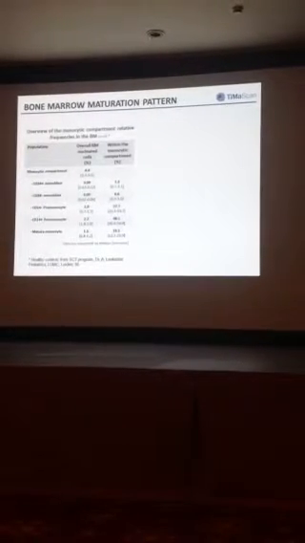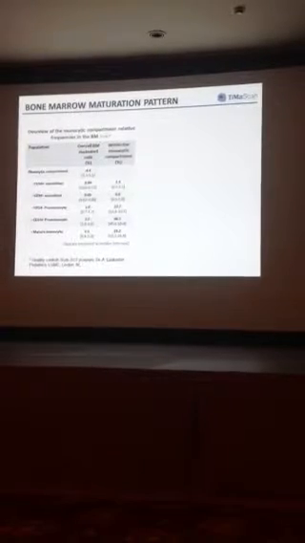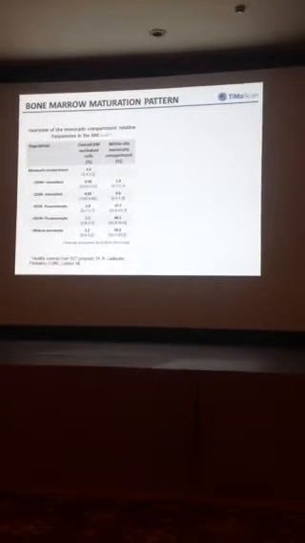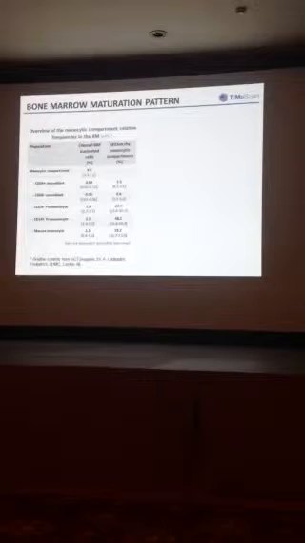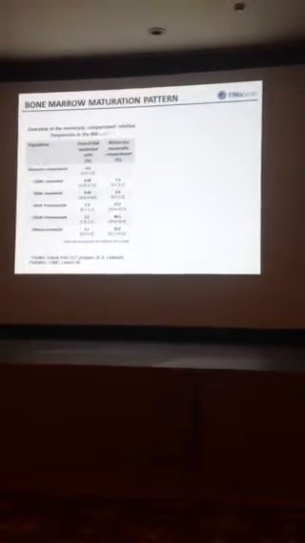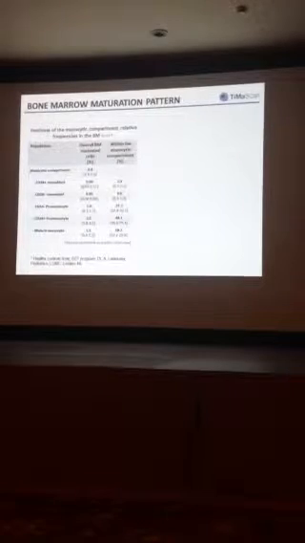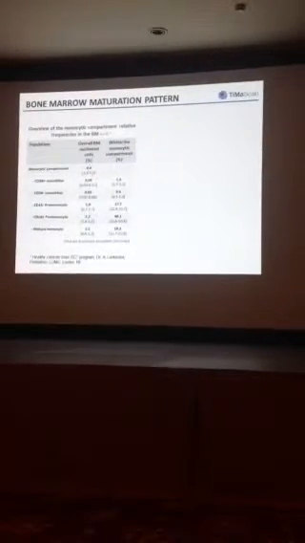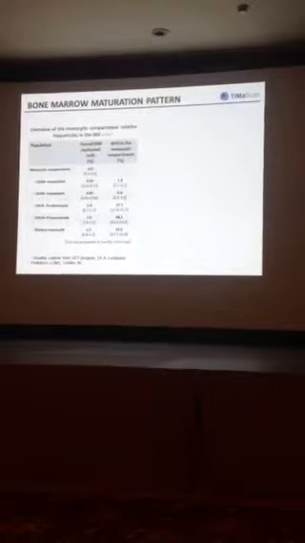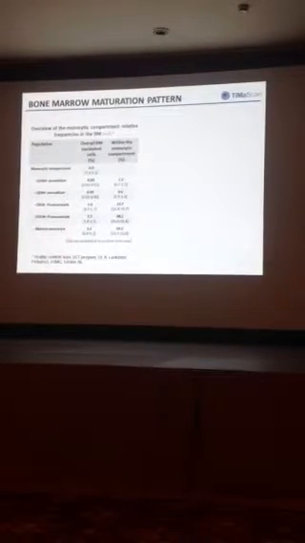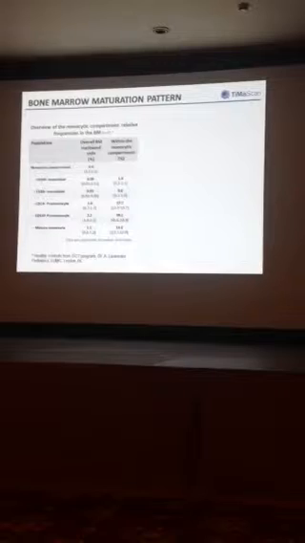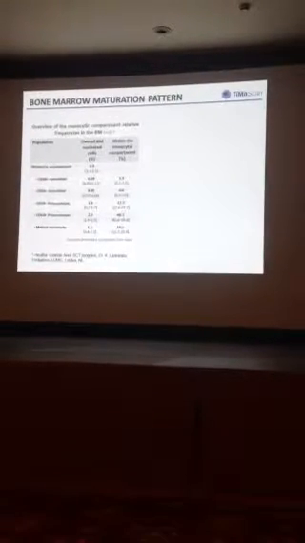So you see that the numbers increase almost for all stages, especially if you look at the percentage within the maturation, except maybe down here. And why down here? Well, because those are the cells that should leave into the blood. So if they should leave, you should see only a small part.